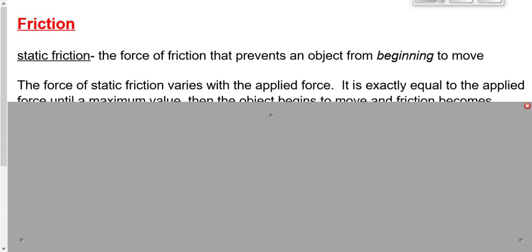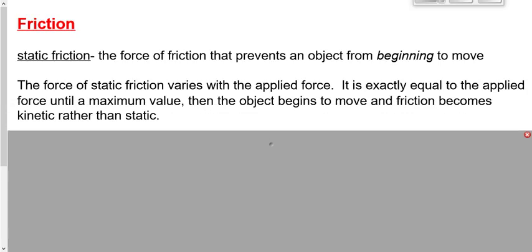The force of static friction is weird. It changes. It varies. It's equal to however hard I push until it reaches a maximum value. I sometimes call the force of static friction the stubborn force, because it's one of those pain-in-the-butt forces that just tries to test you.